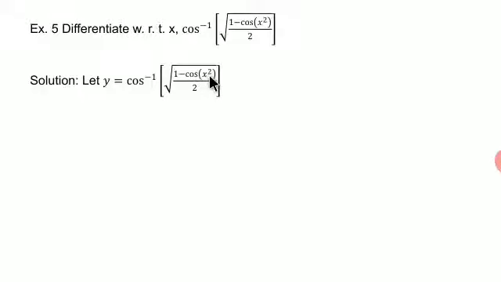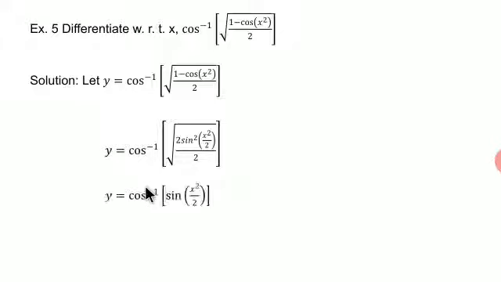Here the angle is x square, its half is x square upon 2. So we rewrite y as y is equal to cos inverse of square root of 2 into sin square of x square upon 2 divided by 2. Now here these 2 get cancelled and square root of sin square is sin. So we get y is equal to cos inverse of sin x square upon 2.